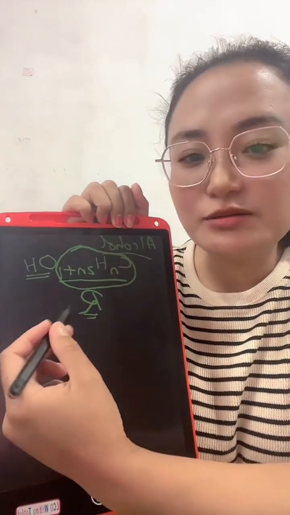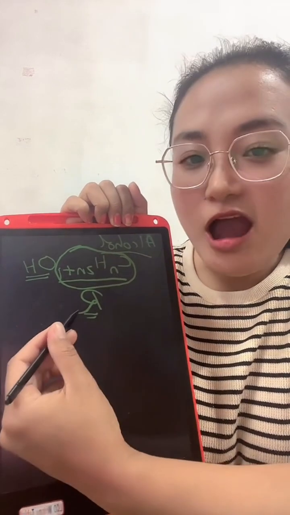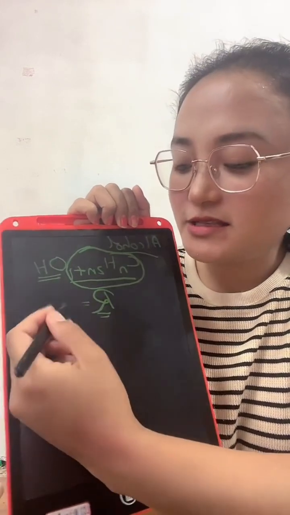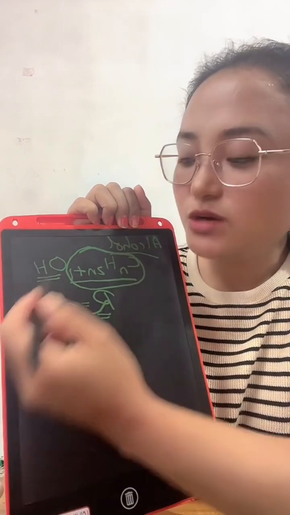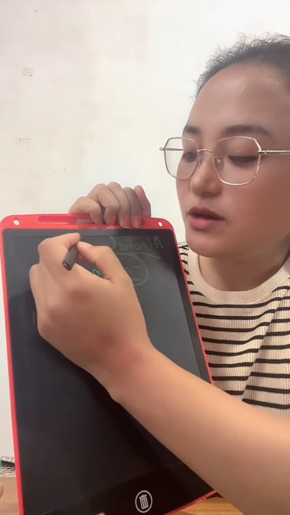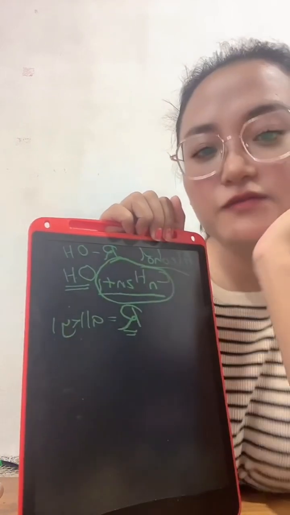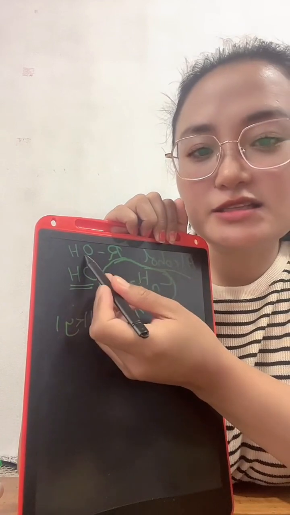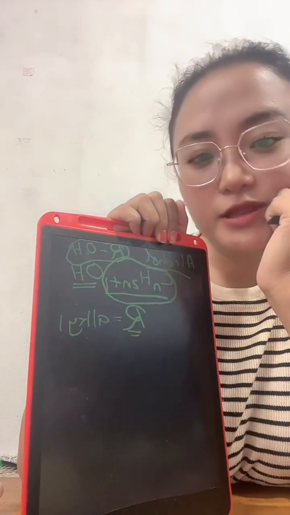Okay, so R, that's how I tell my students. R here, in chemistry, means alkyl family. The OH group is always attached to the alkyl family. If your alkyl family is attached to OH, then this is the alcohol family.